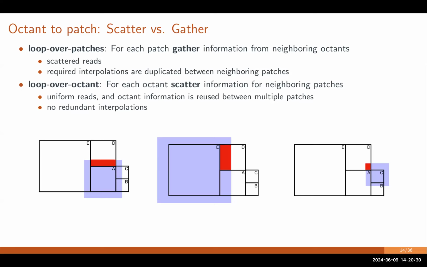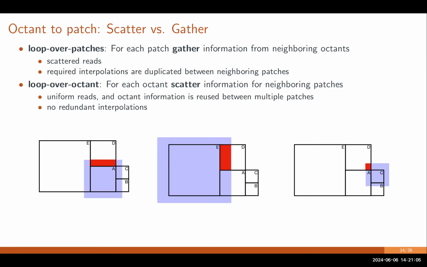To compute patch A, you gather information from every neighboring octant. This gives you scattered reads, because we use adaptive grids and the nodes of each element are not going to sit contiguously in memory. Also, the required interpolations or injections are going to be duplicated between neighboring patches.